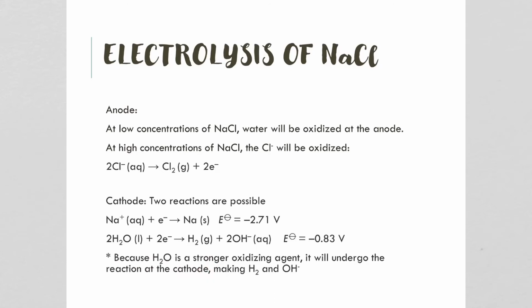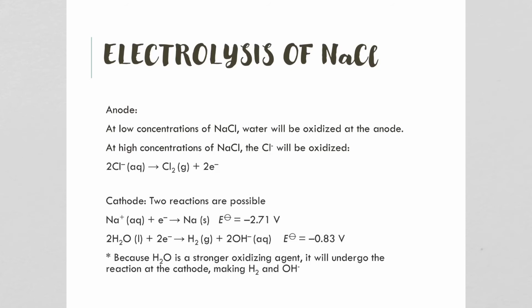Because water is a stronger oxidizing agent, it's the one that's going to undergo the reaction at the cathode. So we'll end up making hydrogen gas, and then the hydroxide ions can combine with the sodium ions to make sodium hydroxide.